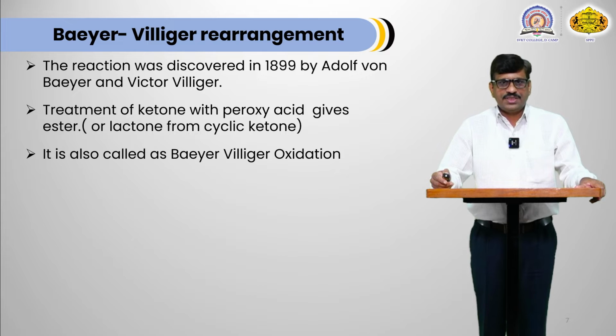Now, the first rearrangement is the Baeyer-Villiger rearrangement. This rearrangement was discovered in 1899 by Baeyer and Victor Villiger. Treatment of a ketone with a peroxy acid gives an ester, or a lactone from a cyclic ketone. It is also called Baeyer-Villiger oxidation.